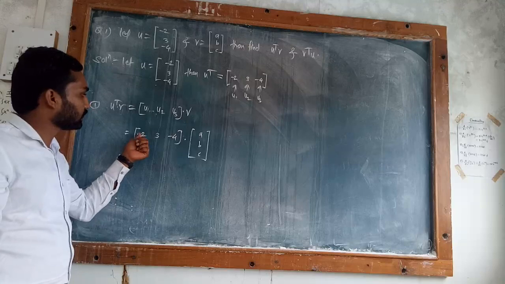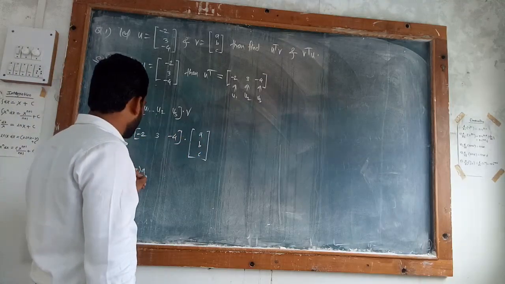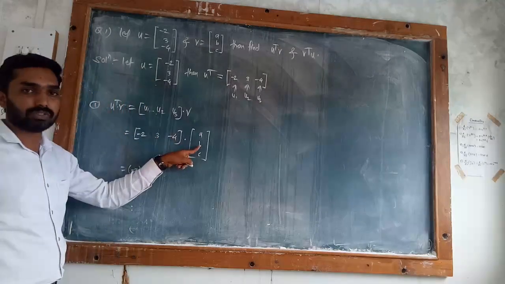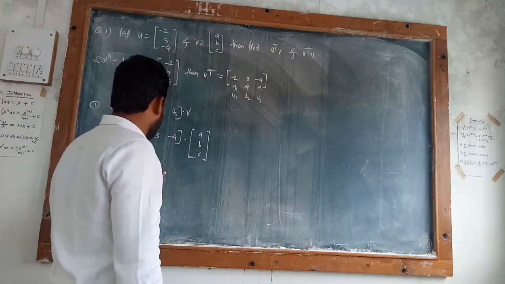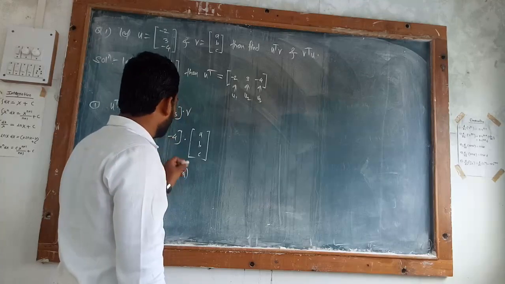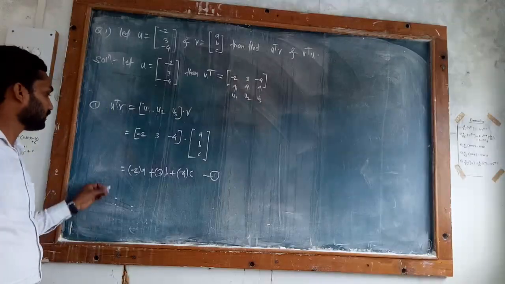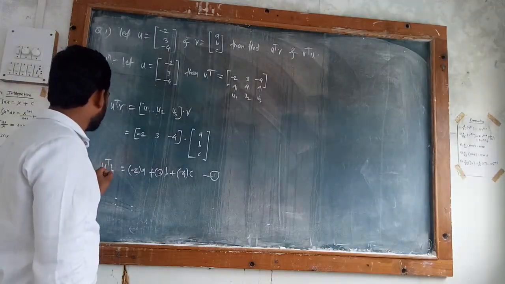So -2 into A plus 3 into B plus -4 into C. This is equation number 1, that is u transpose v.